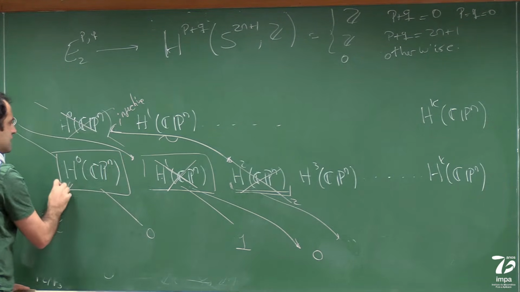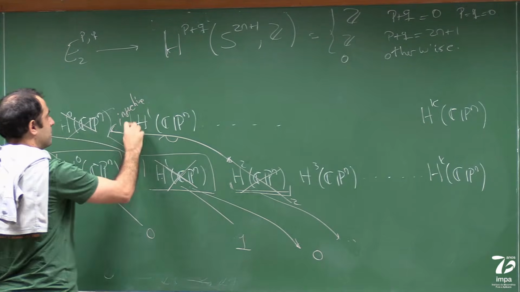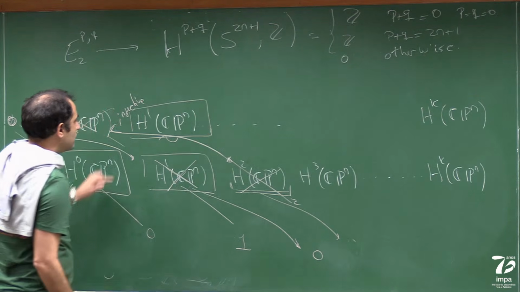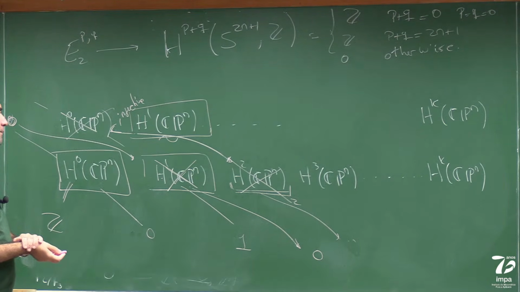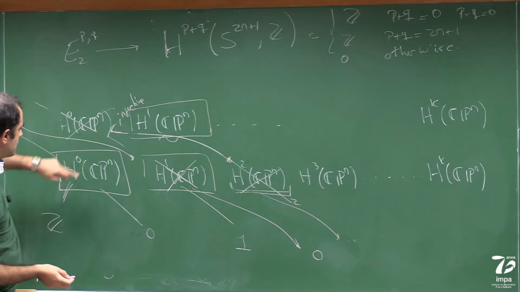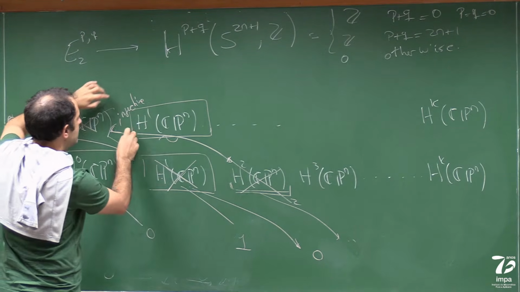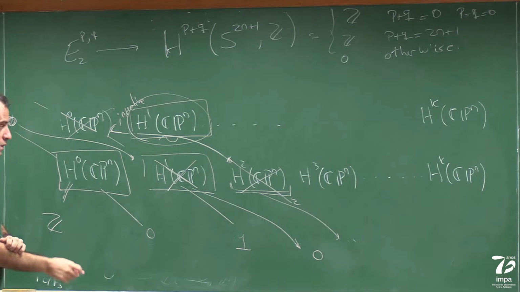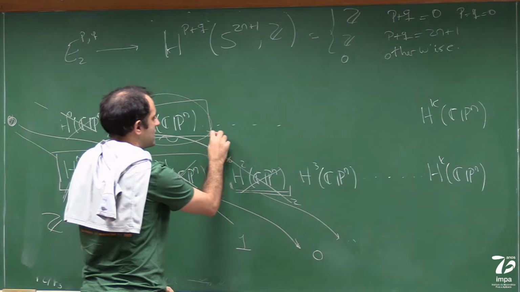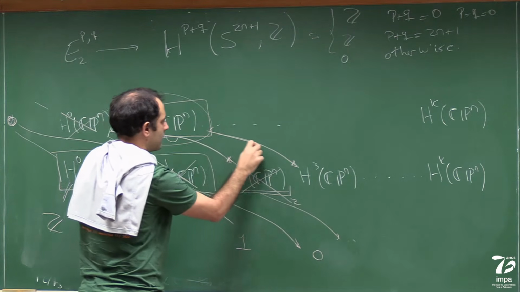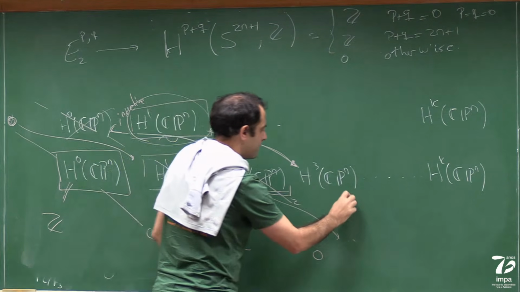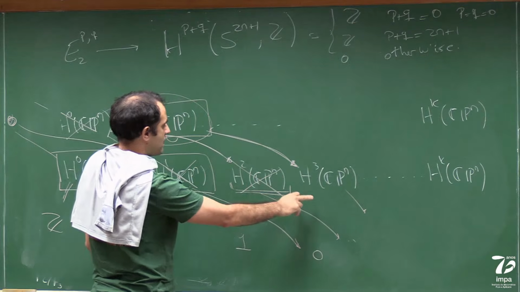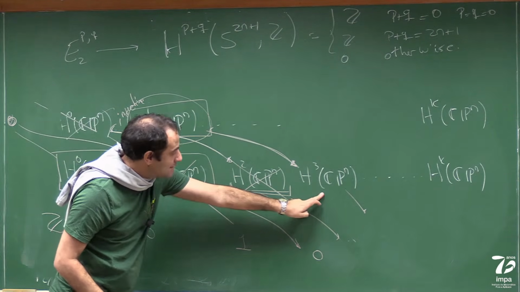We've retained this piece. How about this? Now this is going to be in H2 of CP^n, if it survives. So this is in degree 0. This diagonal is in H1. If this guy survives, it's going to be in H2 of CP^n. However, what survives is the kernel of this map. And this guy is in H3, so in degrees 0, 1, 2, 3, 4.